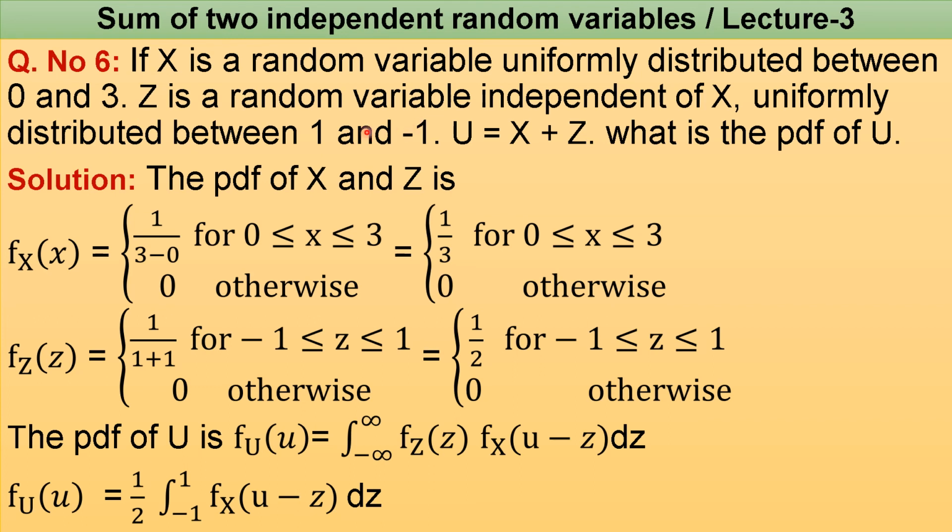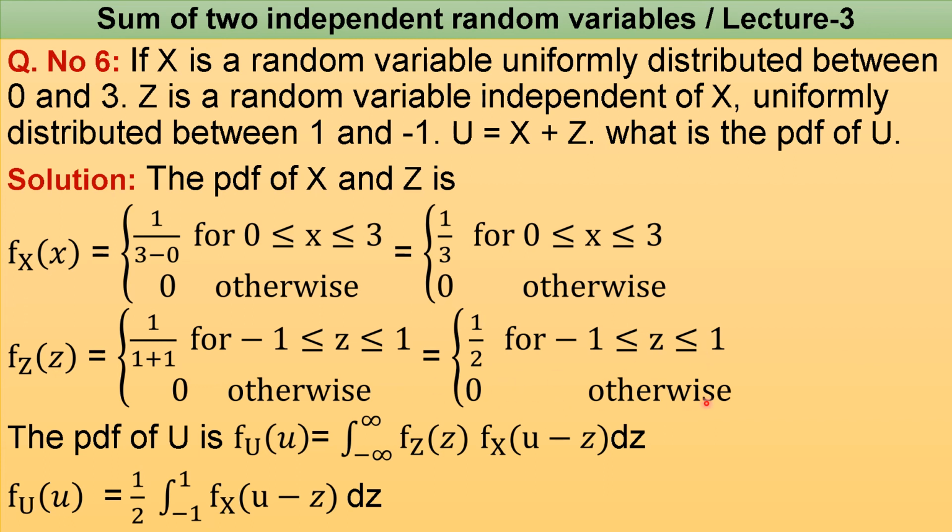So the probability density function of z will be fz of z is equal to 1 divided by b minus a, 1 divided by 1 minus of -1, 1 divided by 1 plus 1, or 1 divided by 2 for z values between -1 and +1. So for z greater than or equal to -1, less than or equal to 1, and 0 otherwise.